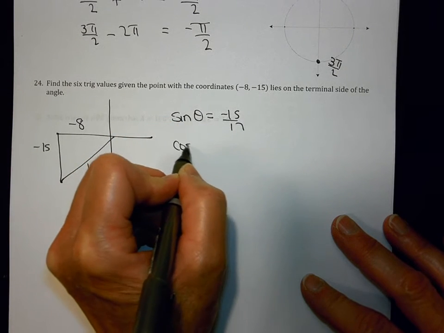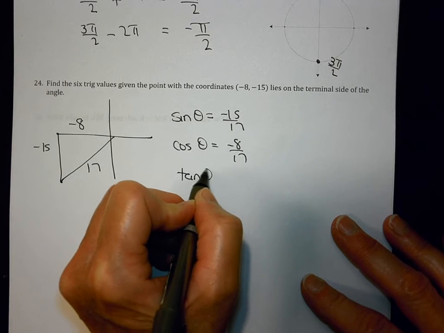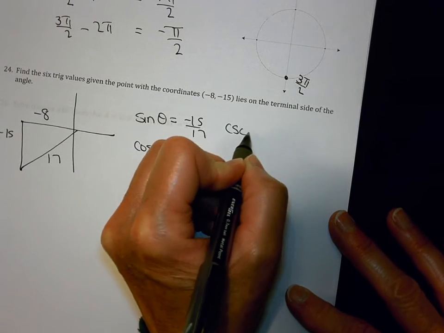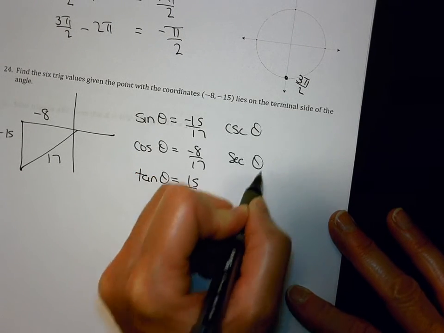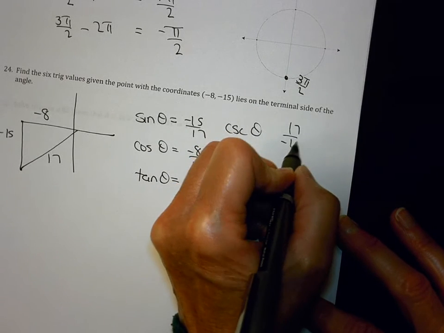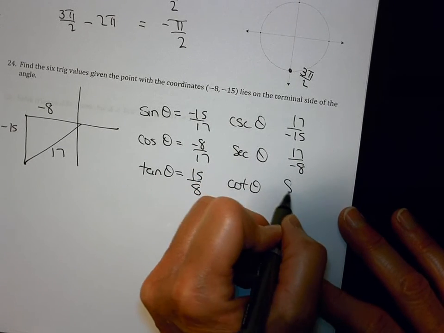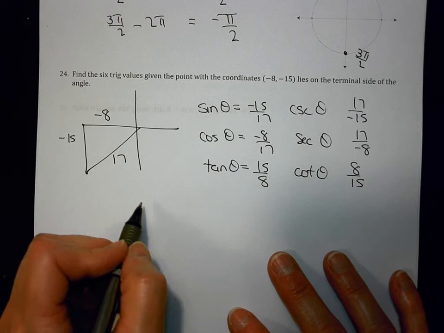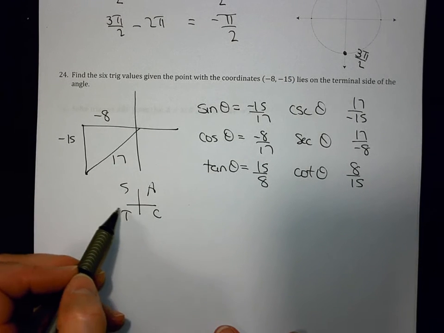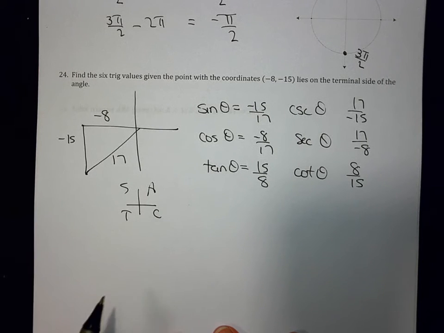Cosine, and then we do our reciprocals. And then don't forget, use the All Students Take Calculus to check to be sure that the tans are positive with the reciprocals and that the sines and cosines are both negative in quadrant 3.